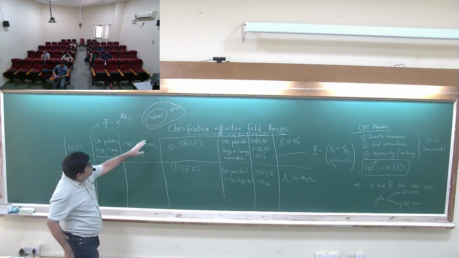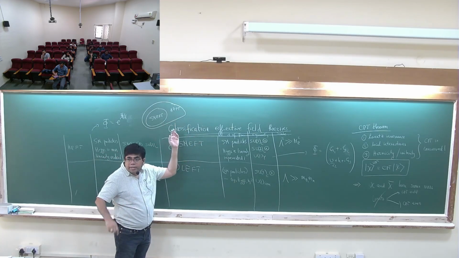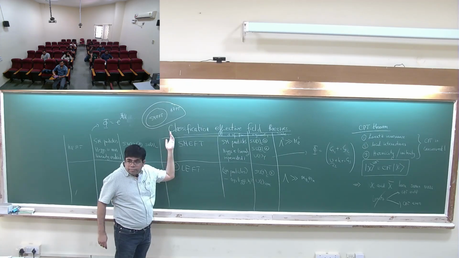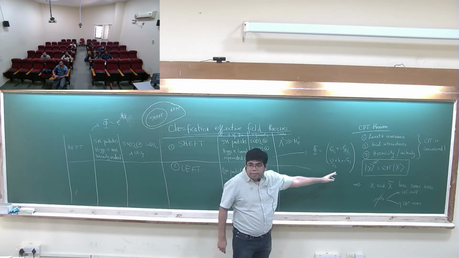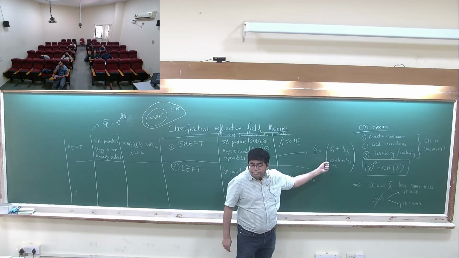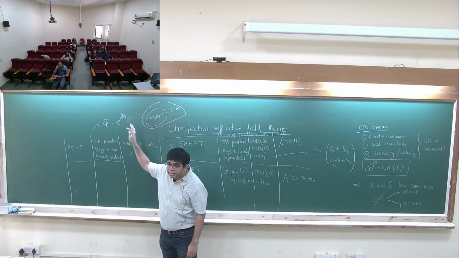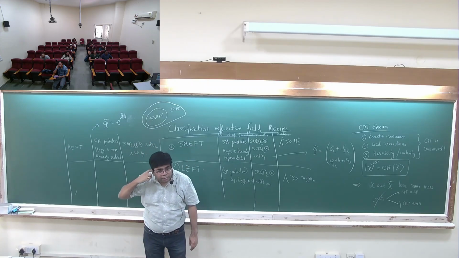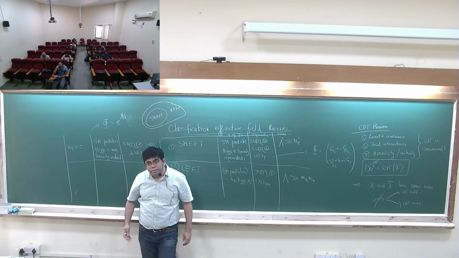So HEFT covers much larger regions of the parameter space where Higgs could be a composite particle. In a linear theory, Higgs is not a composite particle, it is a fundamental particle. Whereas in HEFT, Higgs could be composite, essentially like a pion, a Goldstone boson of some higher symmetry.